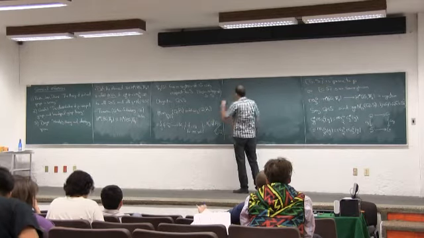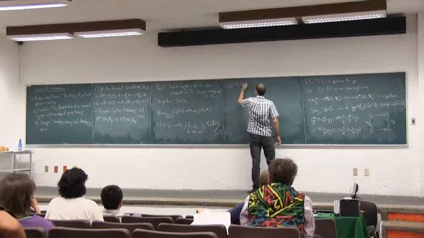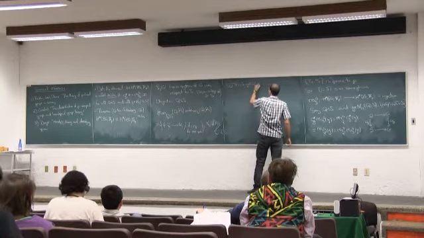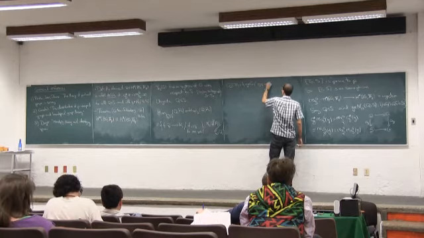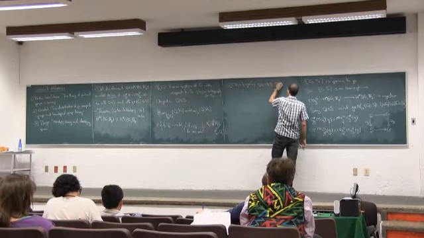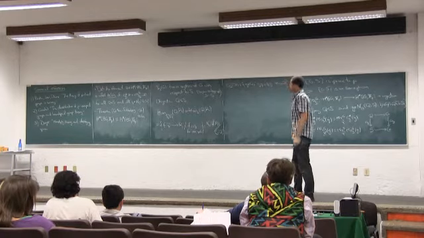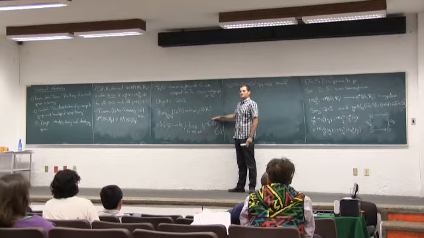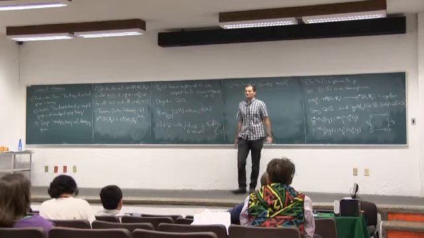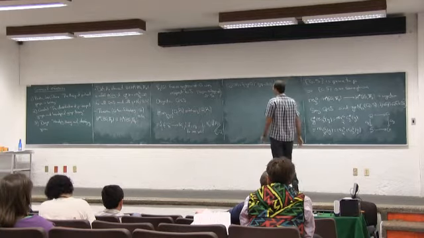The centralizer of Q is the elements g of G such that gq is equal to qg for all q in Q. Does it make sense that this is equal to that? Well, if it doesn't make sense, it's for the exercise section, but it's really easy to see.